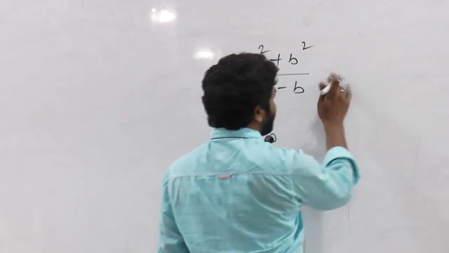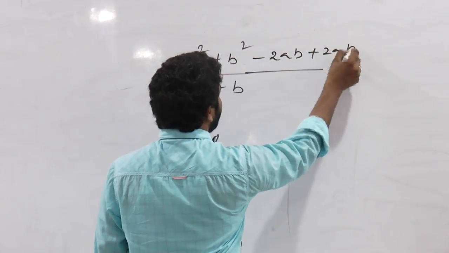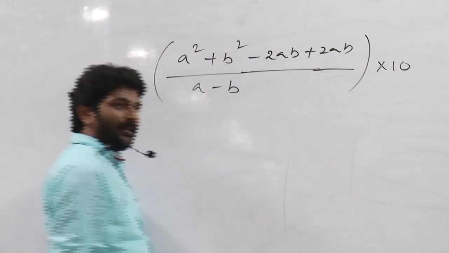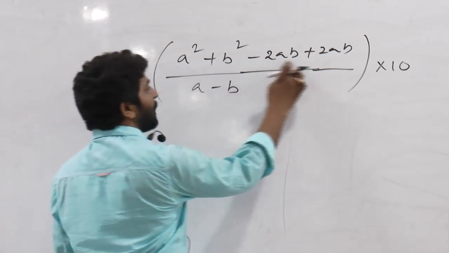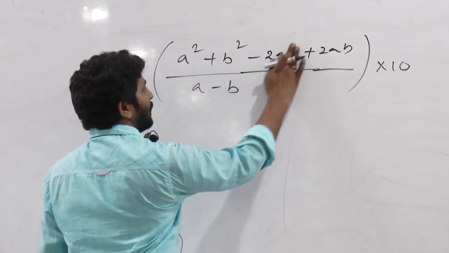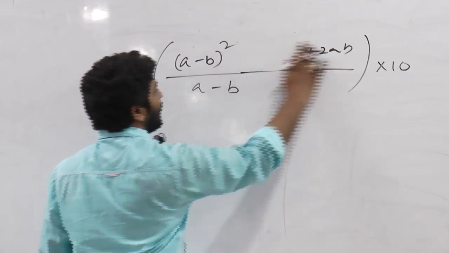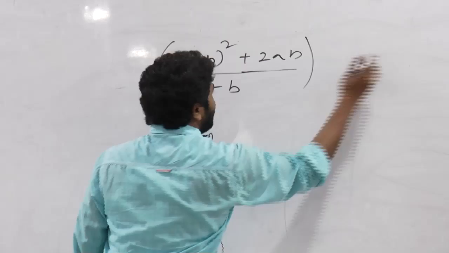Now let me change this as minus 2ab plus 2ab, into 10. Is that okay? What is this part? Now let me treat this number as a minus b whole square plus 2ab, into 10.